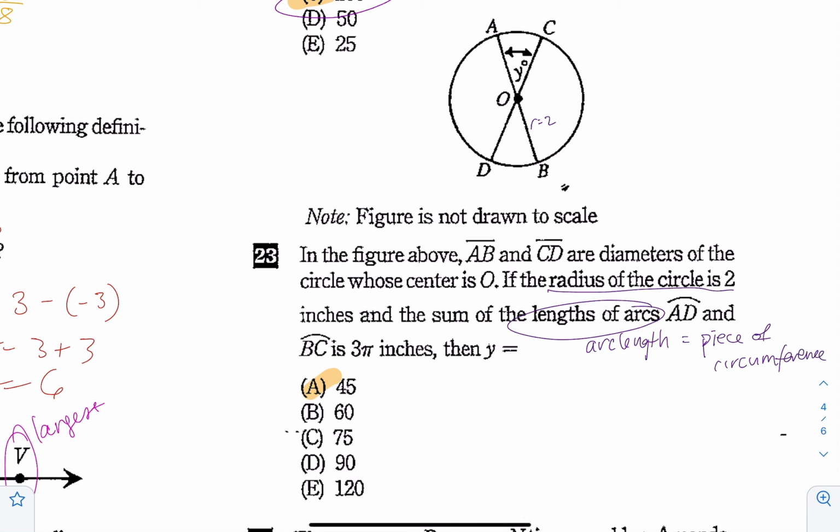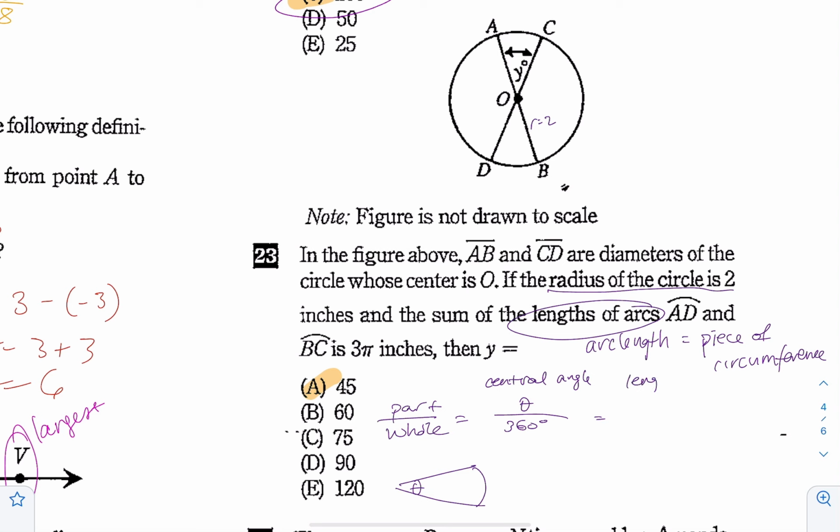And for a circle, the important part is that everything is proportional. So it's just really part of our whole. Here, the central angle, which you can call theta. Theta over 360 degrees is equal to the length here, which you can call A for arc length, A divided by the circumference, which is 2 pi r.